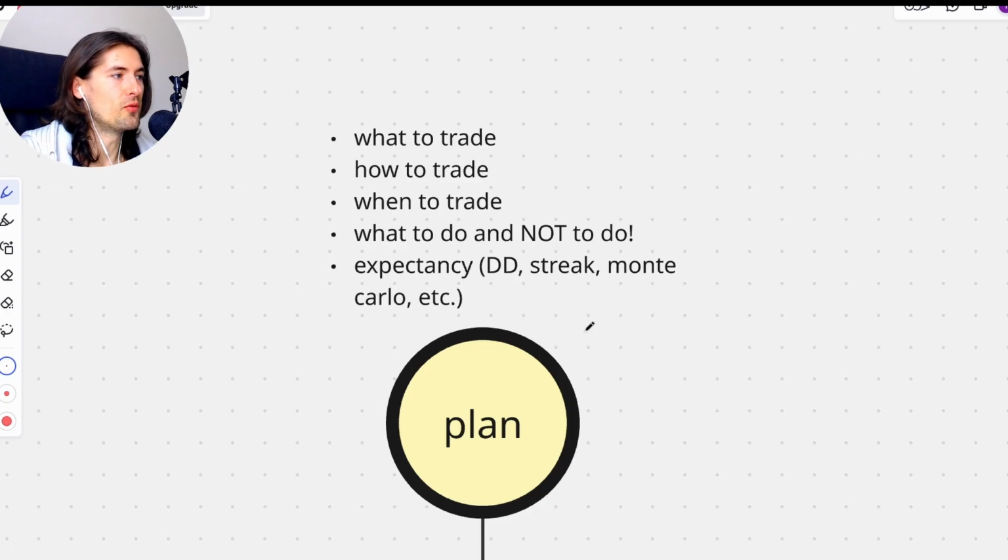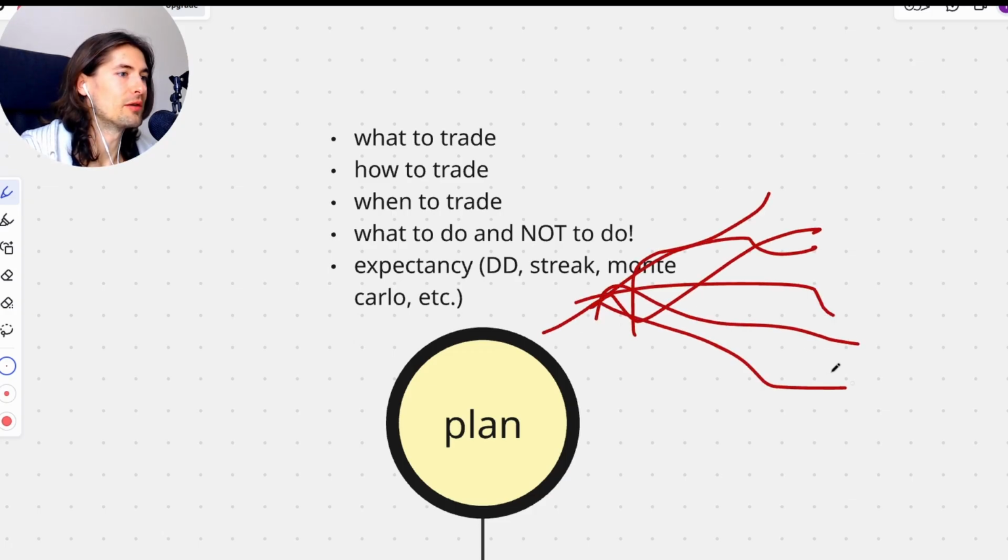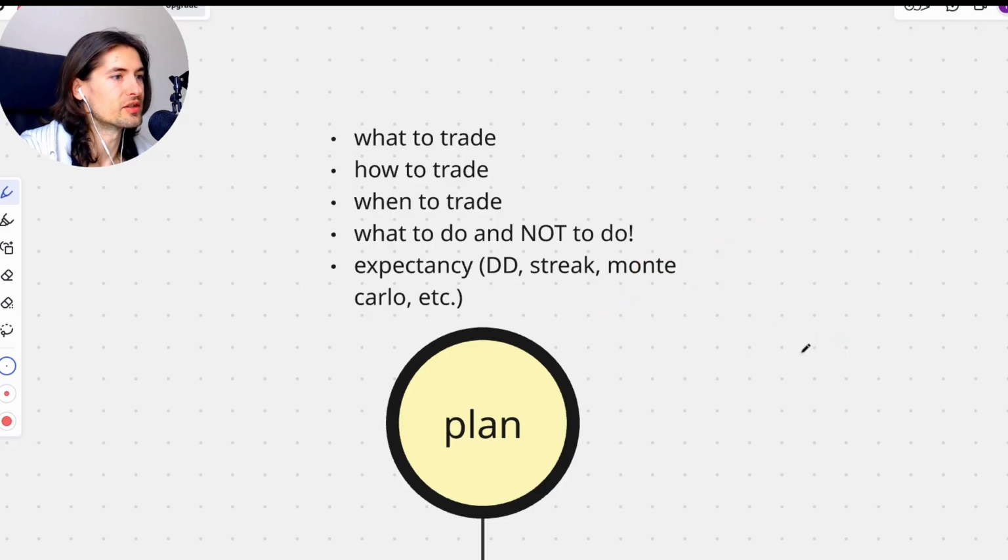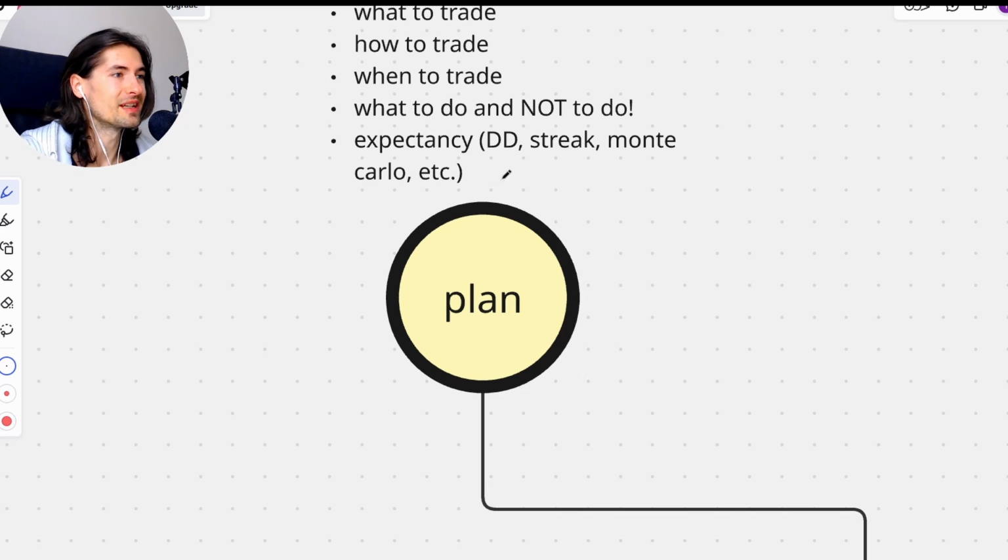If you don't know what it is, it's a series of multiple different outcomes of your particular strategy. There are equity curve simulations that you can search on Google. I'm not going to go too much into the details because that's a very separate video.